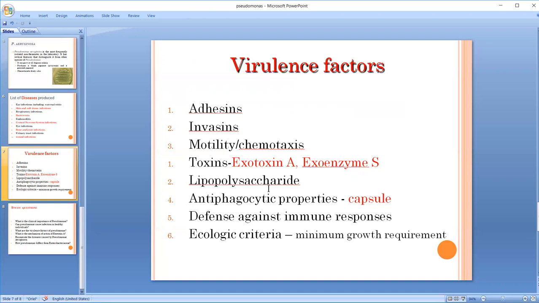As a gram-negative bacteria, they have lipopolysaccharide, and they have capsules, so they have anti-phagocytic properties. Ecologic criteria: they have a minimum growth requirement, and they can grow even in distilled water. So these are the virulence factors. You just remember the names. Their diagnosis is similar to all other bacteriological diseases: culture, microscopy, and biochemical tests for identification.